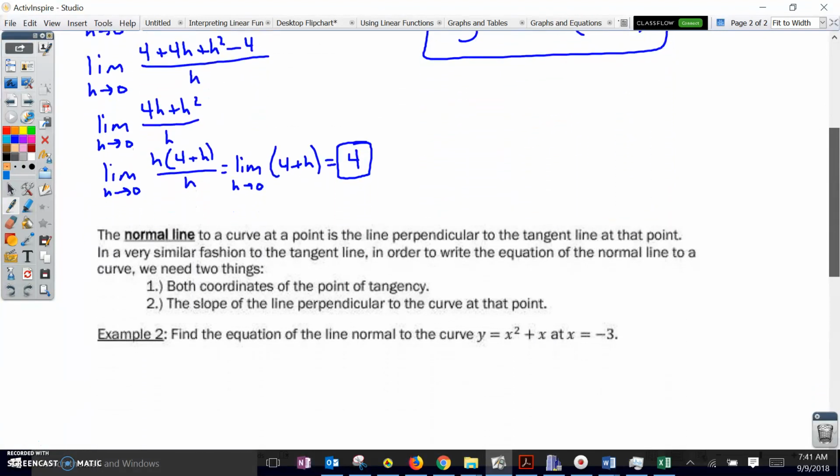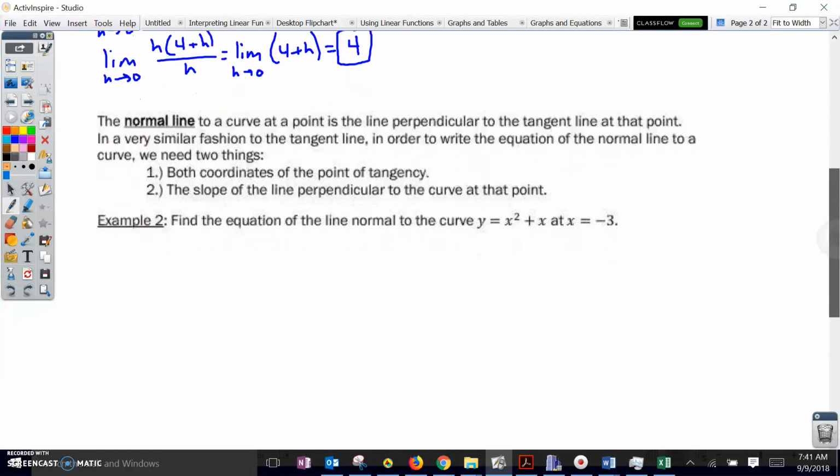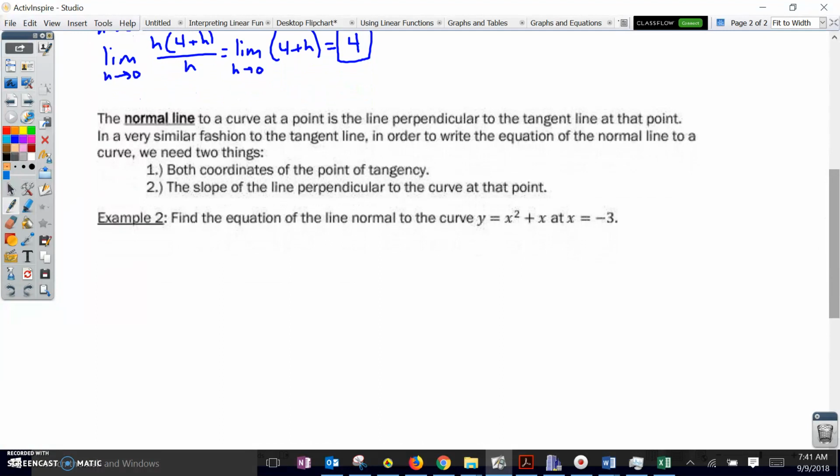And in example 2, we are going to be finding a normal line. A normal line is a line that is perpendicular to the tangent line at the point of tangency. And so again, we're going to need two things in order to write a normal line. We need the coordinates of the point of tangency, and then we need the slope of the line perpendicular to the curve at that point.